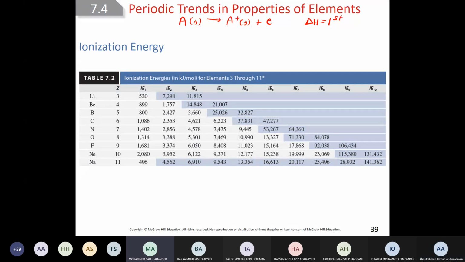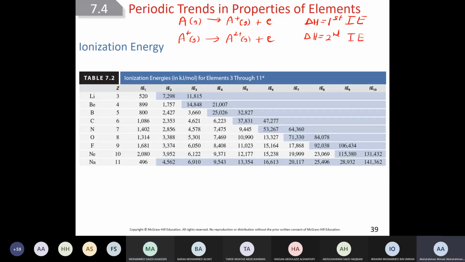Ionization energy. But which ionization energy? The first one. Then if we have A plus gas goes to A2 plus gas plus electron, what do you call this? Second ionization energy.